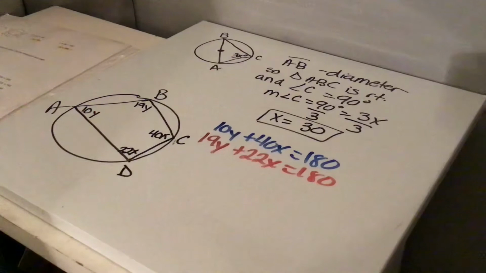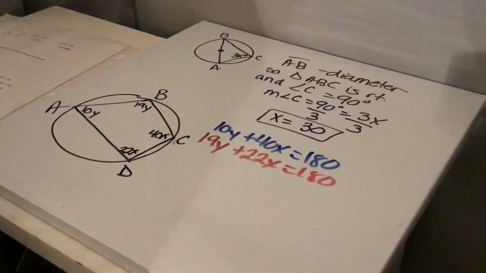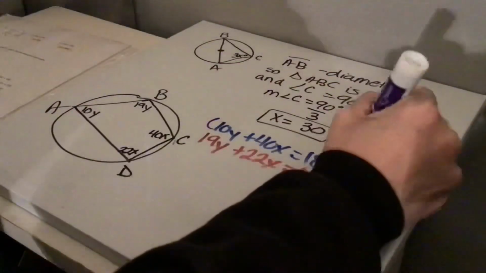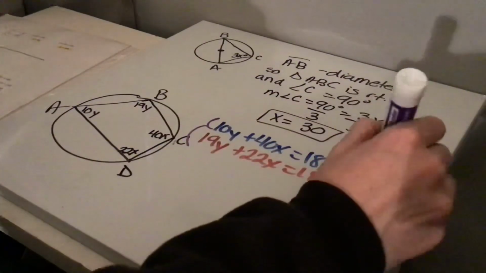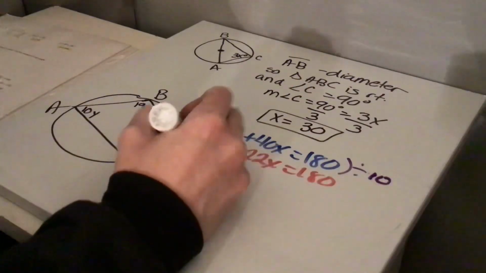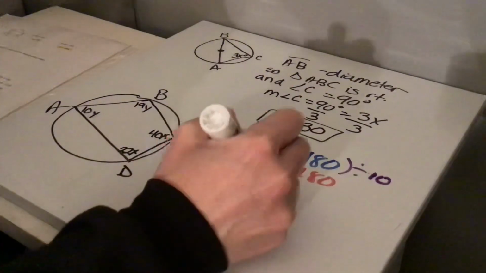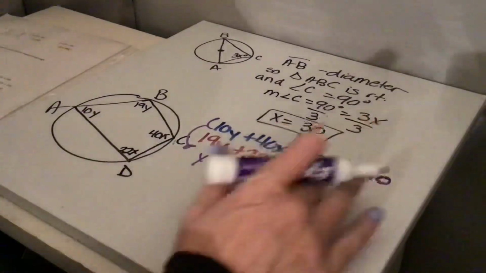Okay, so we have a system now. You have to go back to Algebra 1 to review solving systems. I'm going to divide this first equation by 10, and I'm going to get y plus 4x equals 18.